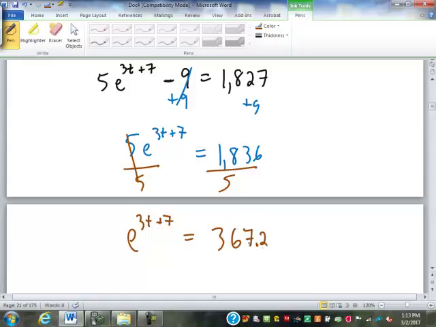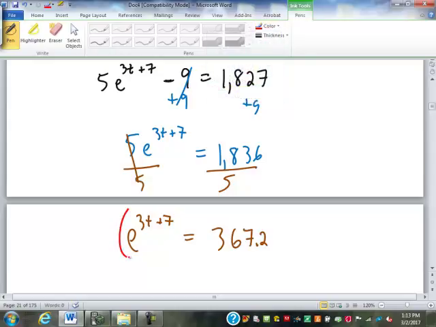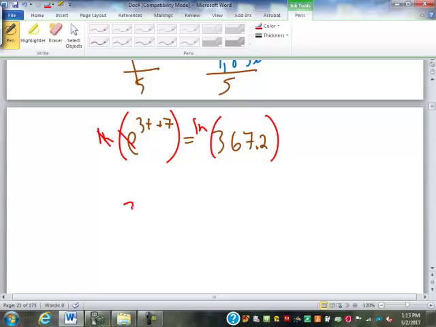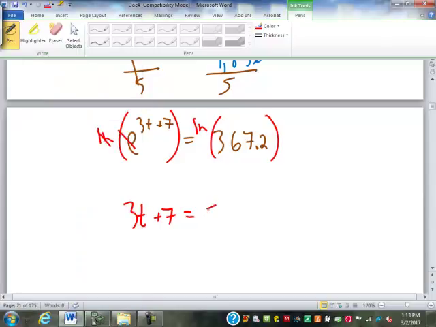Is that right? Yeah. Then what? Now, yep, we isolated the exponential, so it is ln. So that cancels out. We've got 3t plus 7. ln of 367.2 is 5.9059.